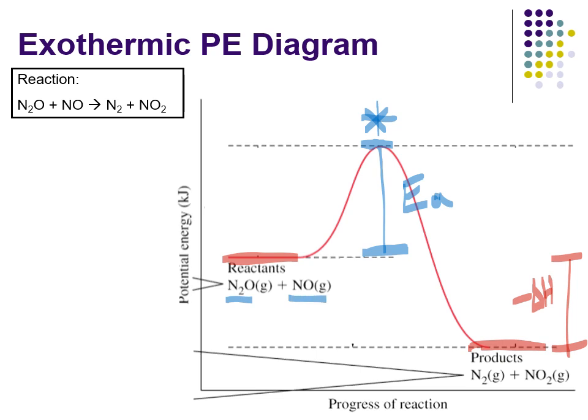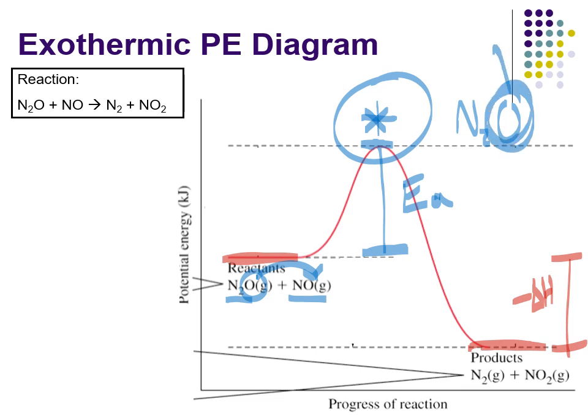N2O is reacting with NO, and essentially we are moving the oxygen from this molecule onto that molecule. So this activated complex would be some sort of thing where your N2O is breaking off that oxygen and it is getting attached to this already existing NO, and it's this thing that exists that's really high in energy and is halfway between what it was and what it's going to be.